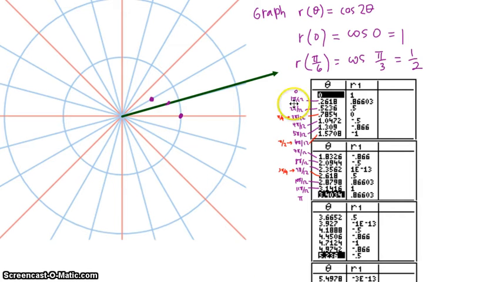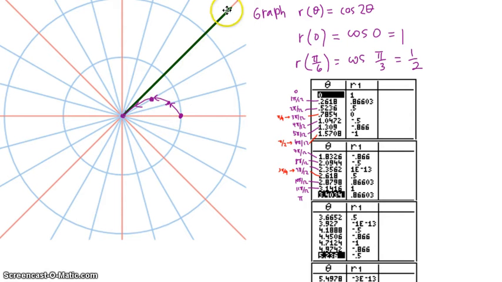And then at pi over 4, which is these red lines here, my distance should be 0. Remember what I had said: in polar and in parametric, you not only have the pathway, but you also have a direction. So this graph went from 0 here to this point, to this point. So it's going in this direction.